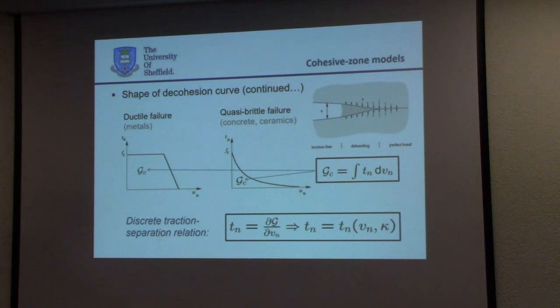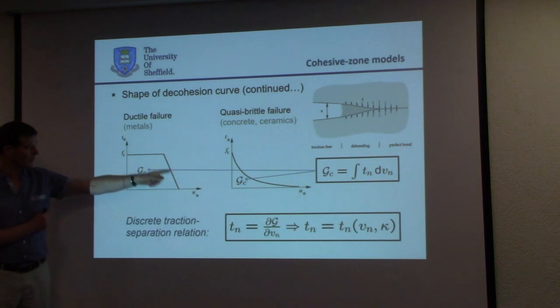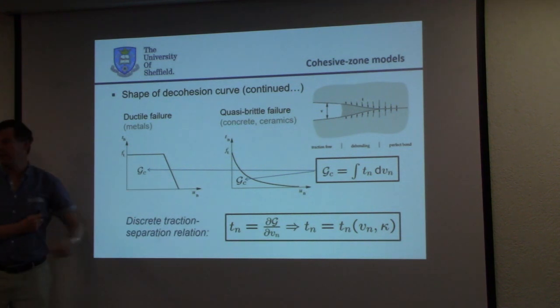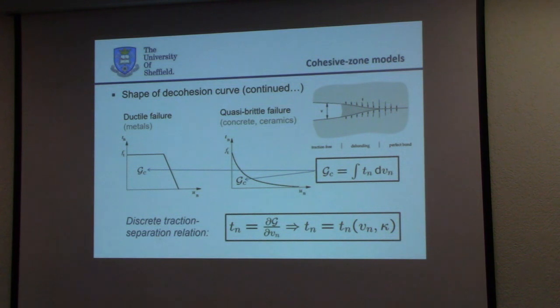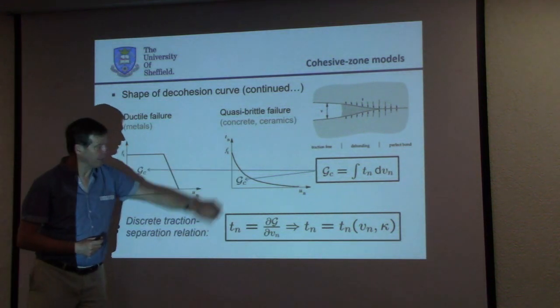Now, obviously, in all cases, the area below the curve, which makes the traction over the fracture a function of the opening, is the fracture energy. So this area is a material parameter. Same like here.